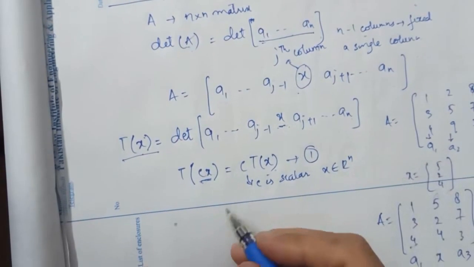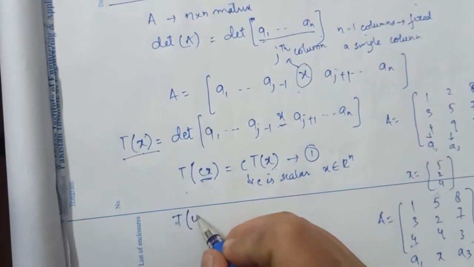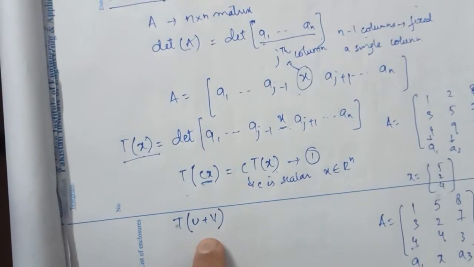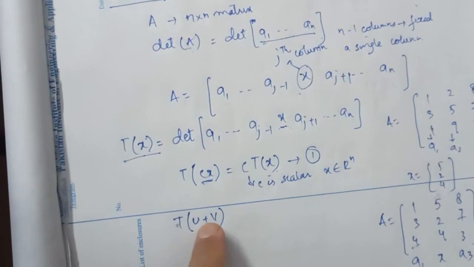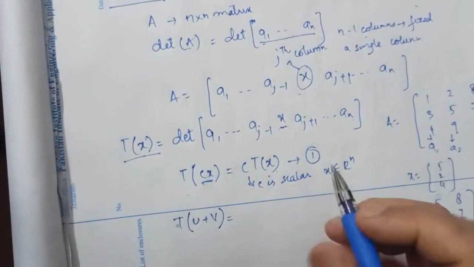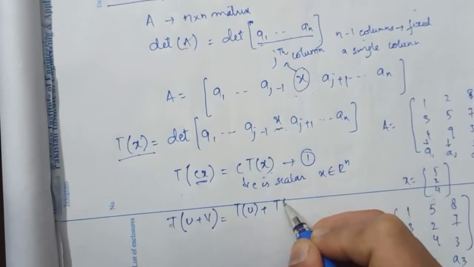Now if I say T of u plus v, so if x is a combination of two vectors u and v, I can separate them out as T of u plus T of v.